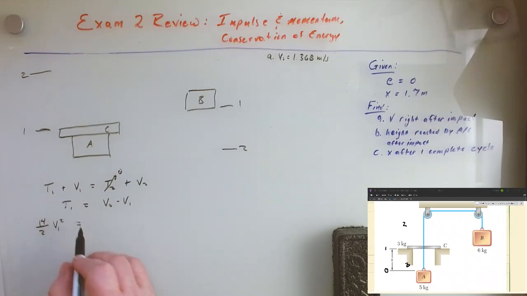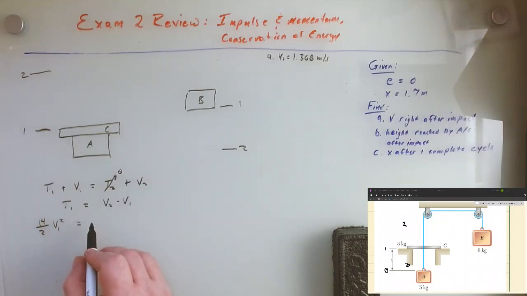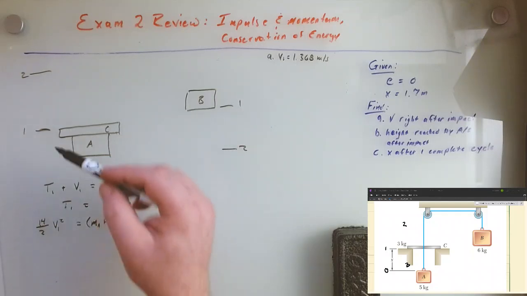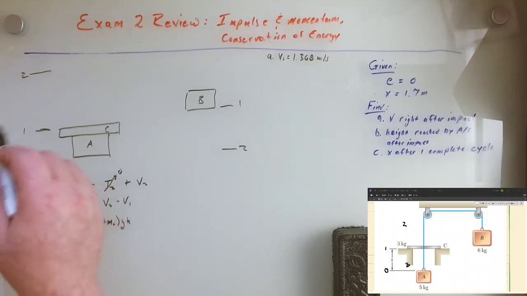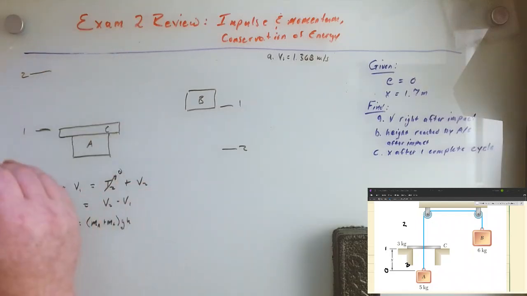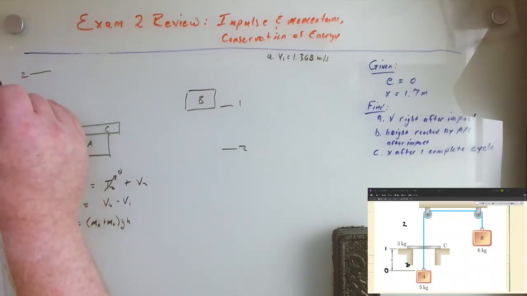All right, and that's going to equal, now we'll split this up and we'll say MAC, MA plus MC, and we're going up, so the V2 is going to be G, and we're going to say H. So from an altitude point of view, we can say that this is 0 and this is H.